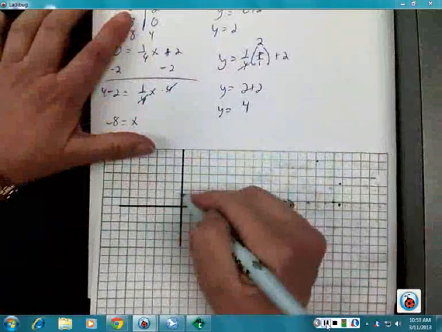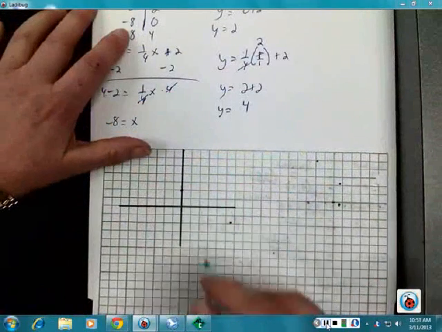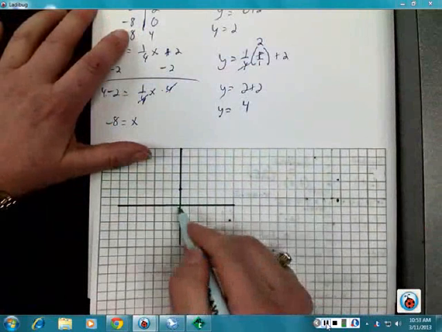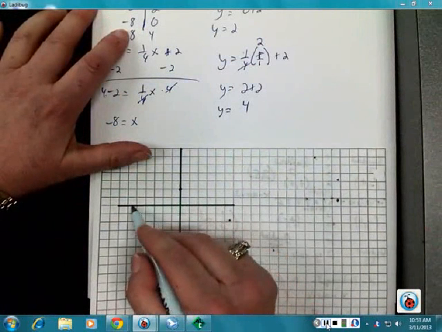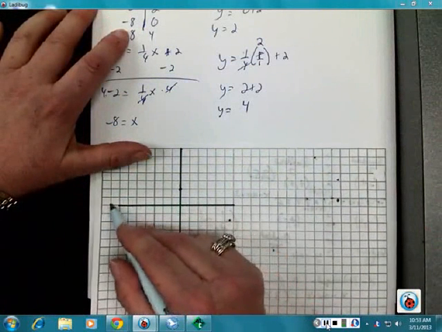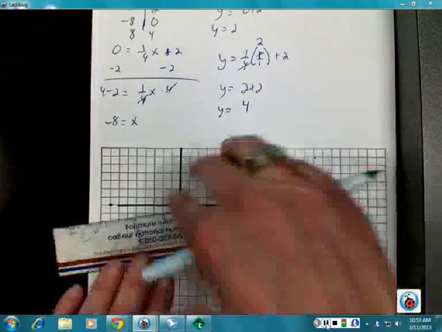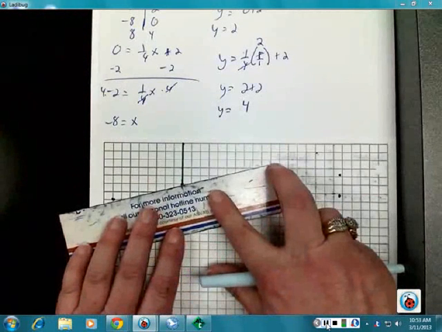So if I put 0, when I'm at 0, I'm up at 2. When I'm at a negative 8, I'm at 0.